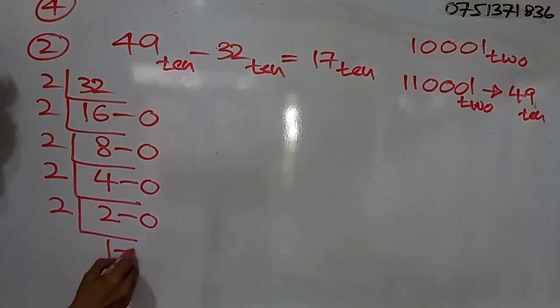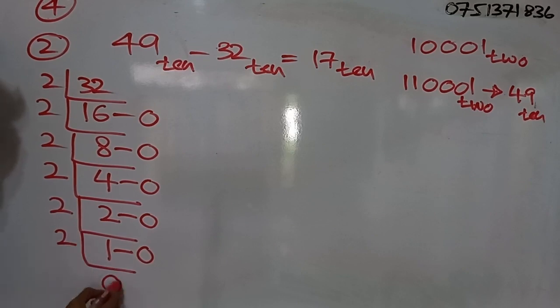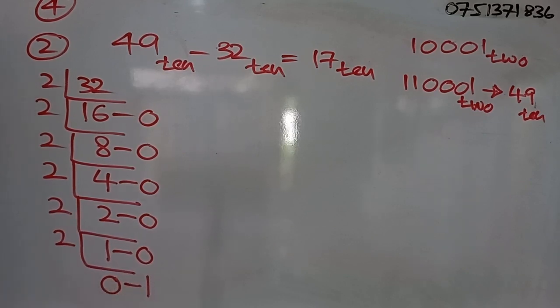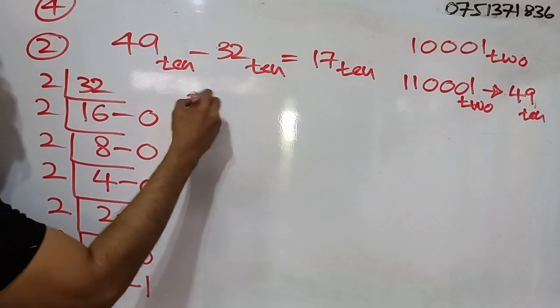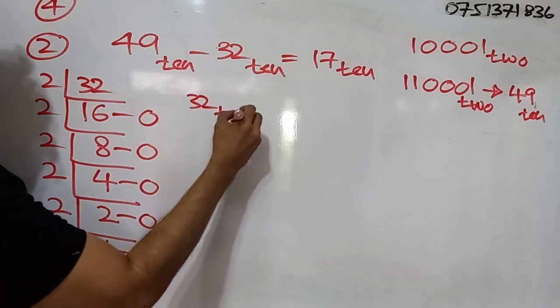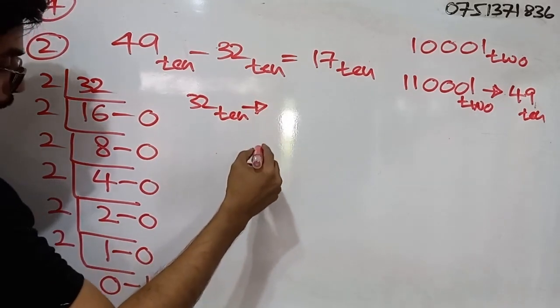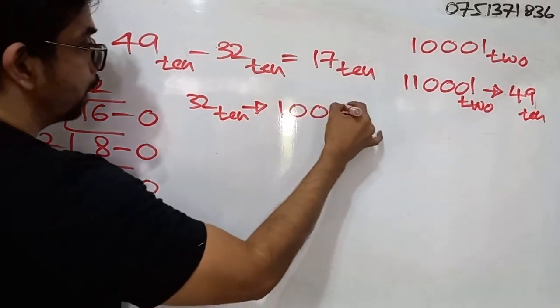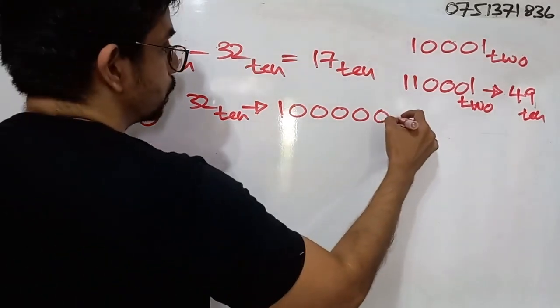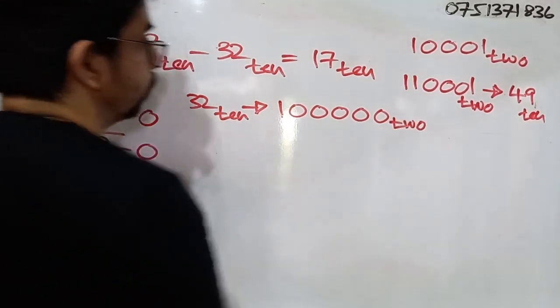The quotient will be 1 and the remainder 0. The quotient will be 0 and the remainder will be 1. That means when we convert 32 from base 10 to base 2, we get 1 followed by 5 zeros, and the base is 2.